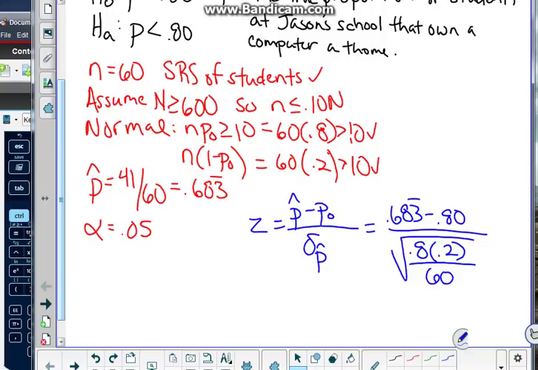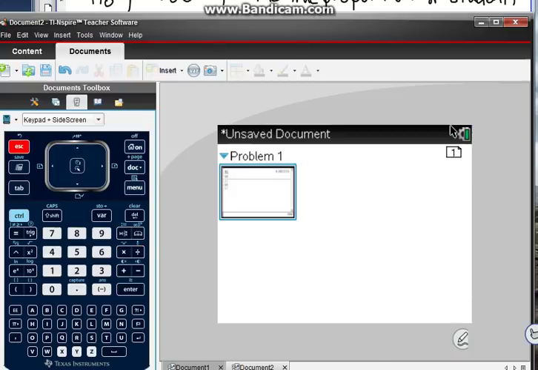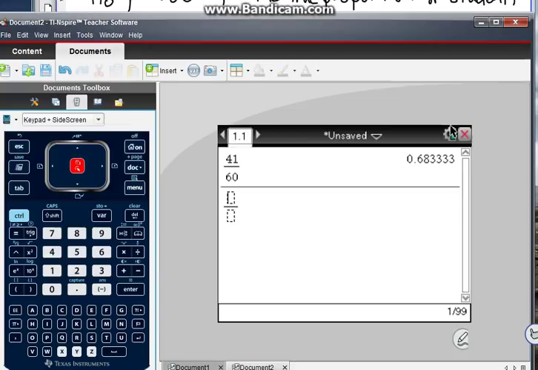So let's go ahead and do that now. All right, so we're ready to punch everything into our calculator now. We can enter in a fraction. My numerator. Oops. Okay, sorry about that.